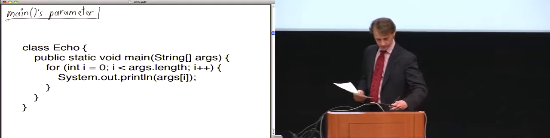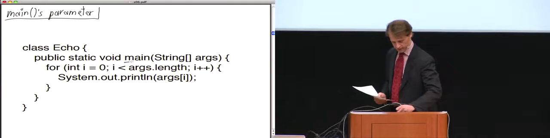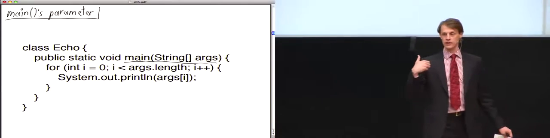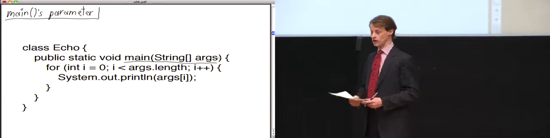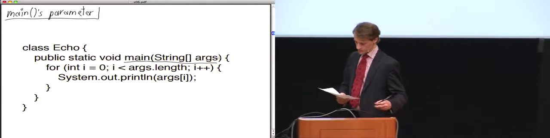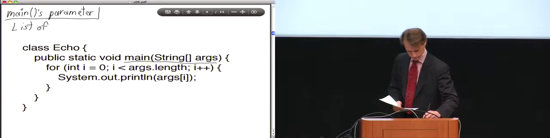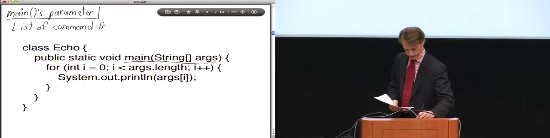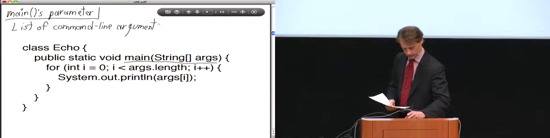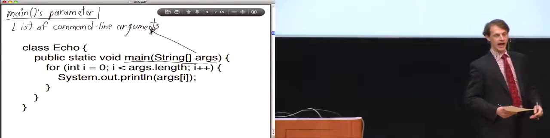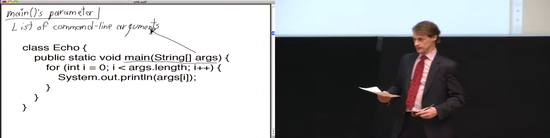So when you have your declaration of the main method, and it takes as input one parameter, an array of strings, those are your command line arguments. By convention, people usually call that args or something like that, but you can call it whatever you want.